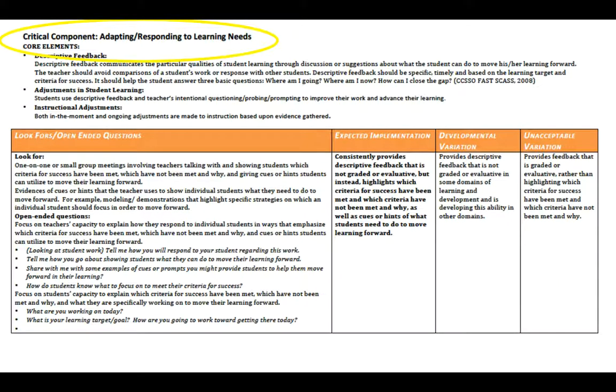In the practice profile, the critical components are defined as part of the explanation of intended implementation. In the example you see here, the critical component adapting and responding to learning needs is highlighted. And this part of the practice profile defines exactly what it means to adapt and respond to learning needs in practice.